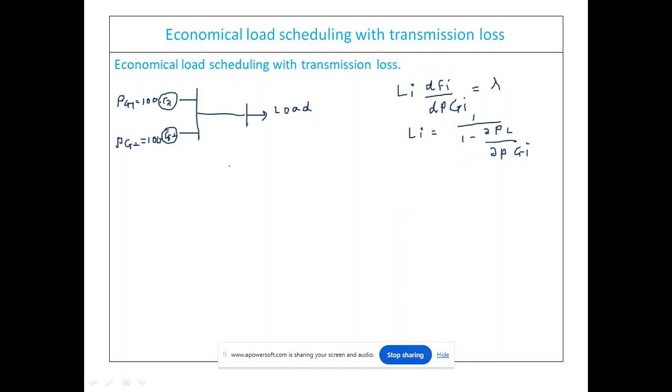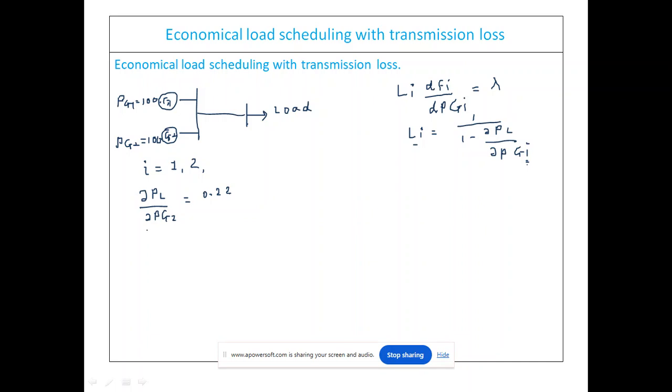Now we have two plants, so i is 1 and 2. Here they have given ∂PL/∂PG2 for the second plant, so we can calculate L2, the penalty factor. This value is given as 0.22.